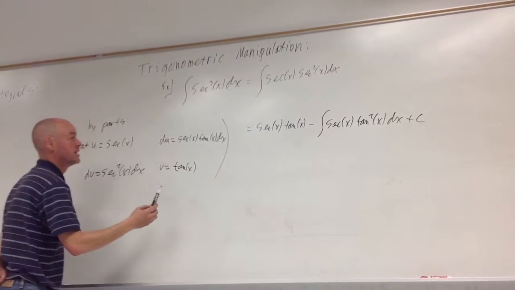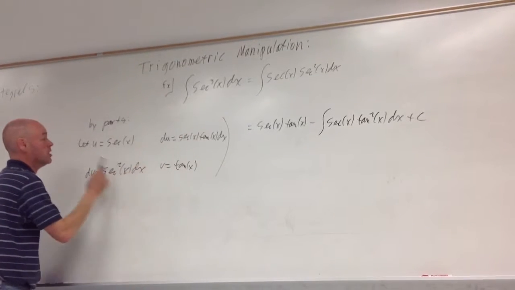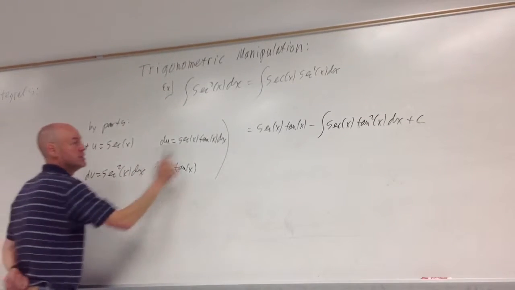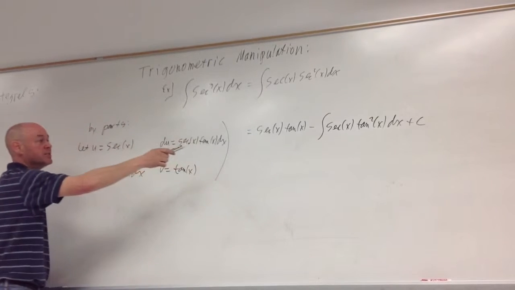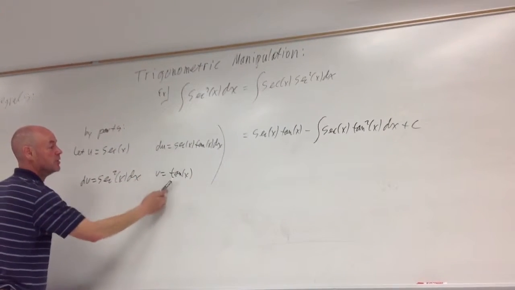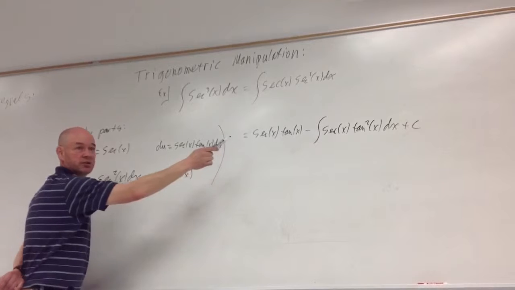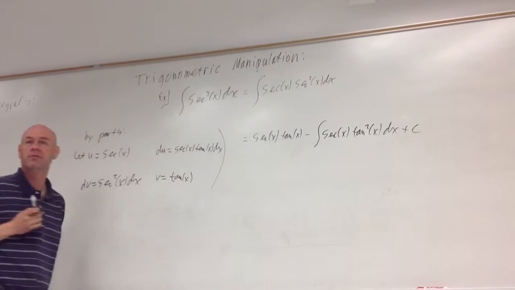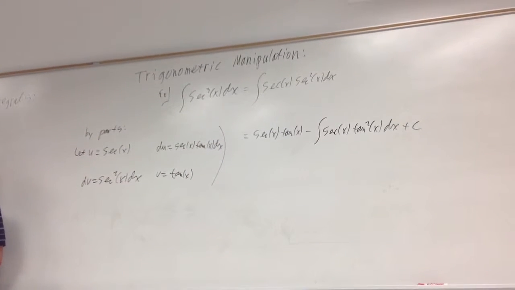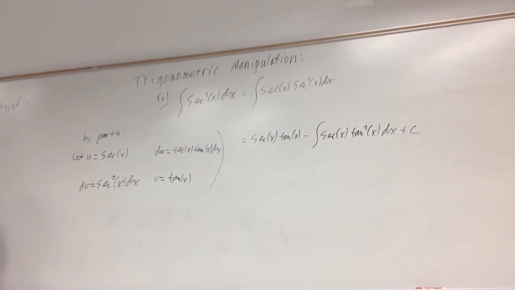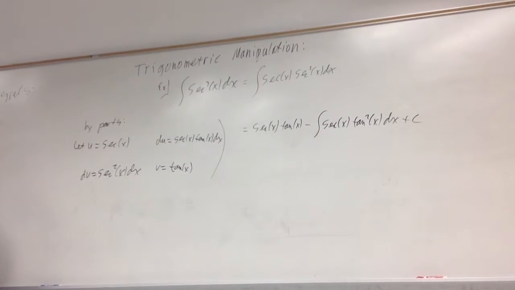Using the formula, it says that this integral is going to equal u times v, which is secant tangent, minus the integral of v times du. Notice I get two tangents there. That's where I get that tangent squared from. With me? All right.